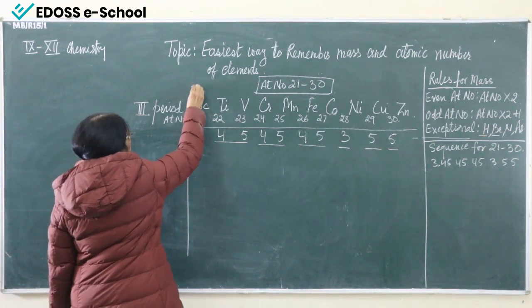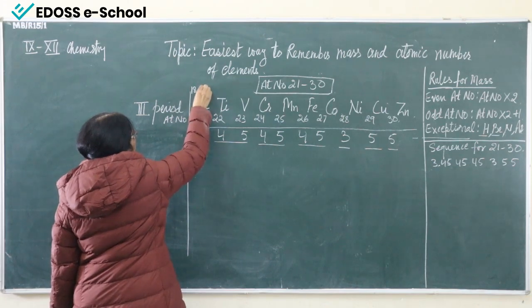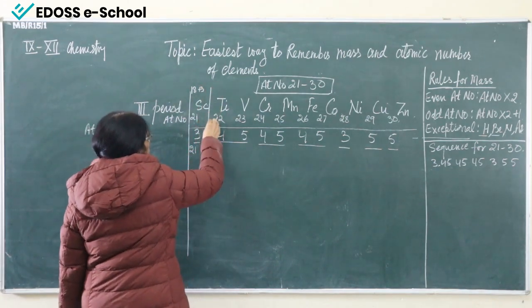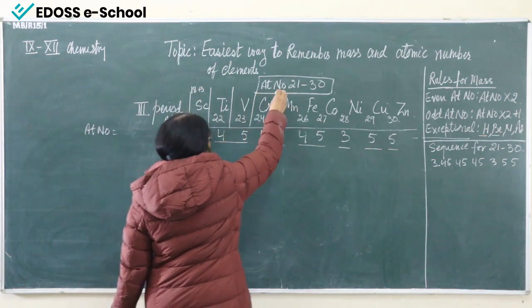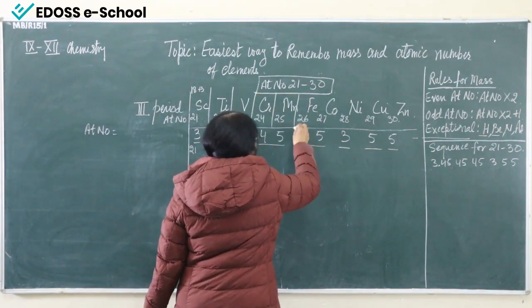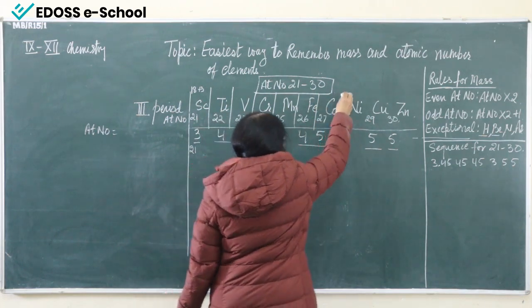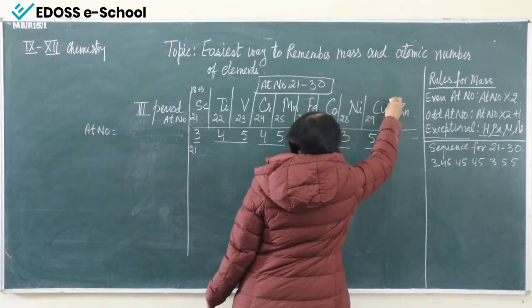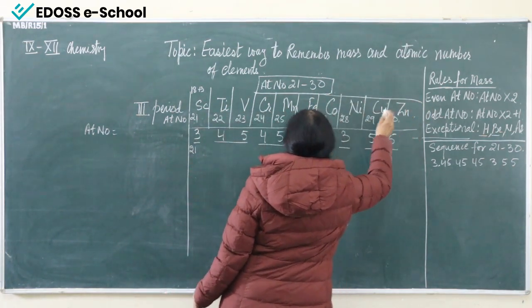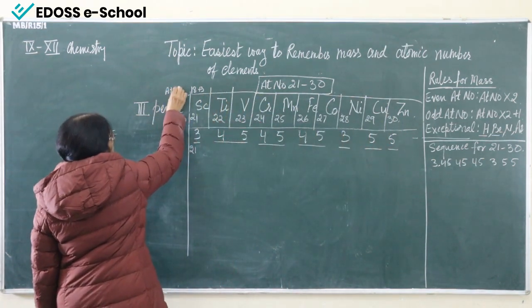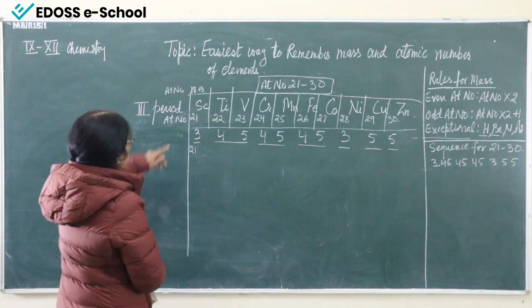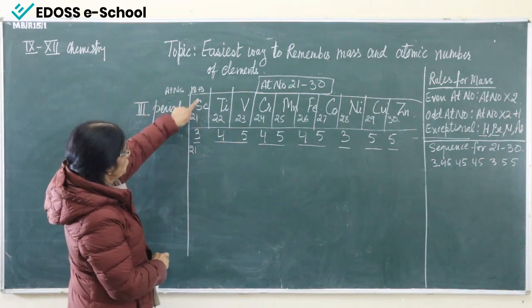In 18, we have to add the group number. So this is group 3, this is group 4, group 5, group 6, group 7, group 8, group 9, group 10, group 11 and group 12. So for the atomic number, in 18 we have to add 3.